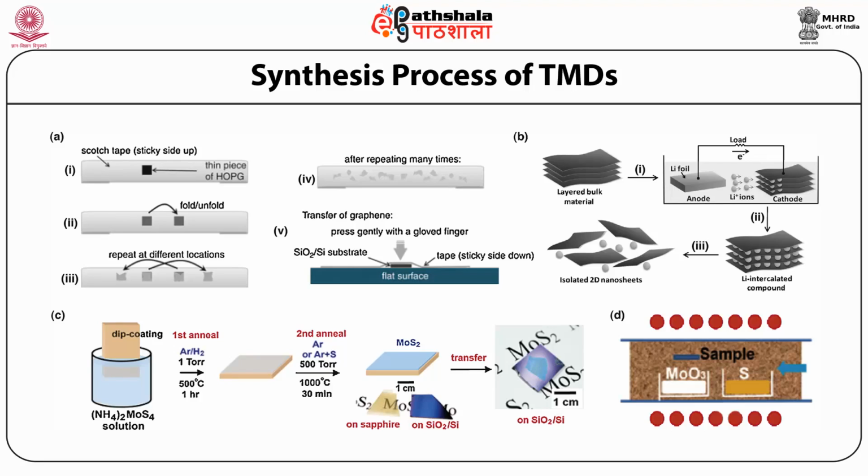In a typical mechanical exfoliation process, appropriately thin TMD crystals are first peeled off from the bulk crystal using an adhesive Scotch tape. This is the same method which was used by Geim and Novoselov to find single layer graphene from graphite.